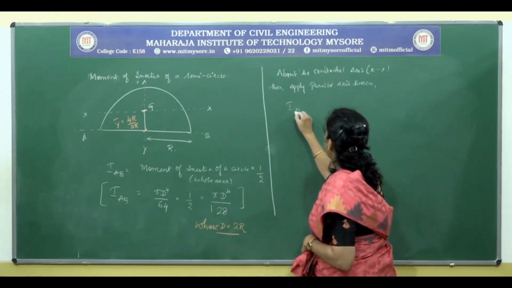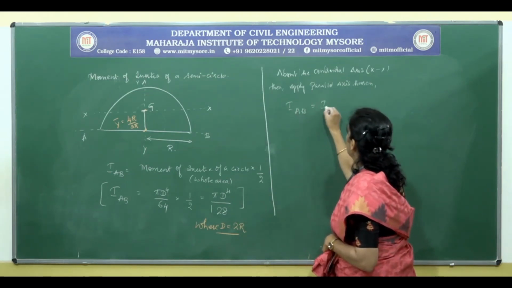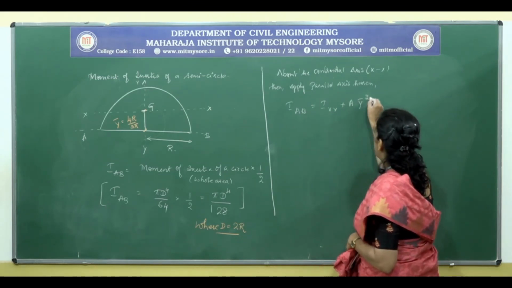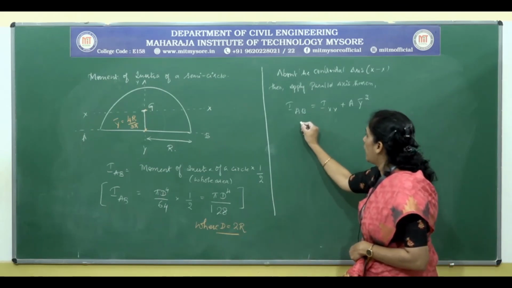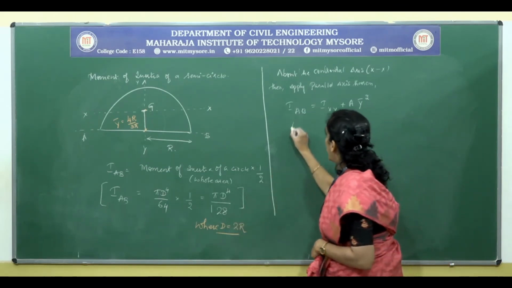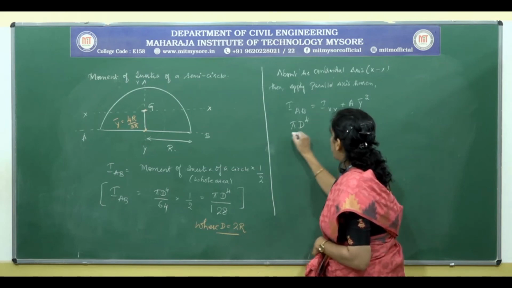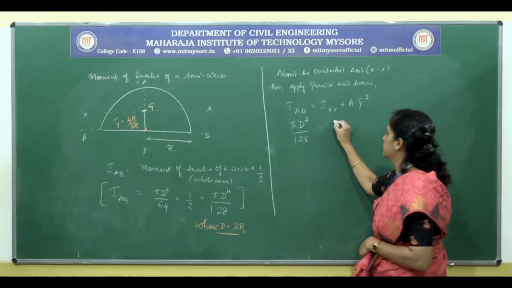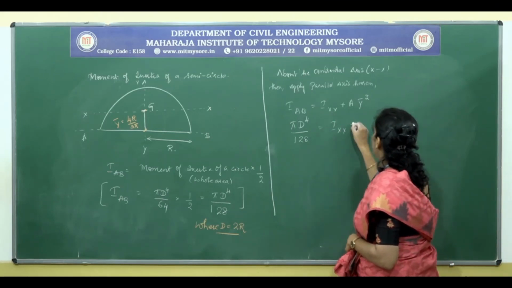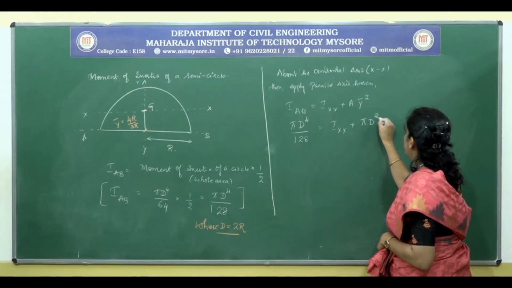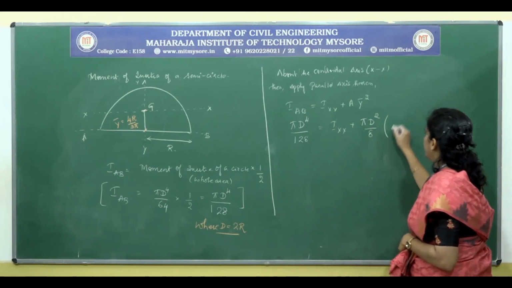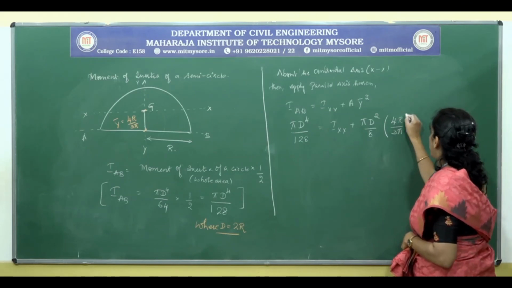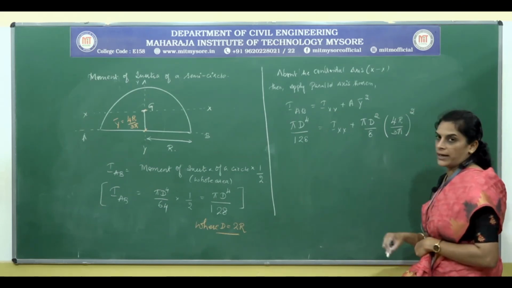Therefore, IAB is equal to IXX plus A into y bar square. Wherever IAB is there, I write that as pi d to the power of 4 by 128. IXX is retained. Area of the semicircle pi d square by 8 into centroid of the semicircle is 4r by 3 pi whole square.